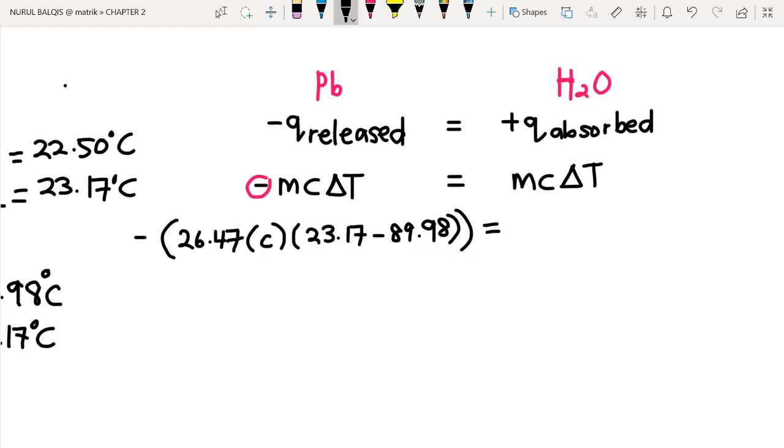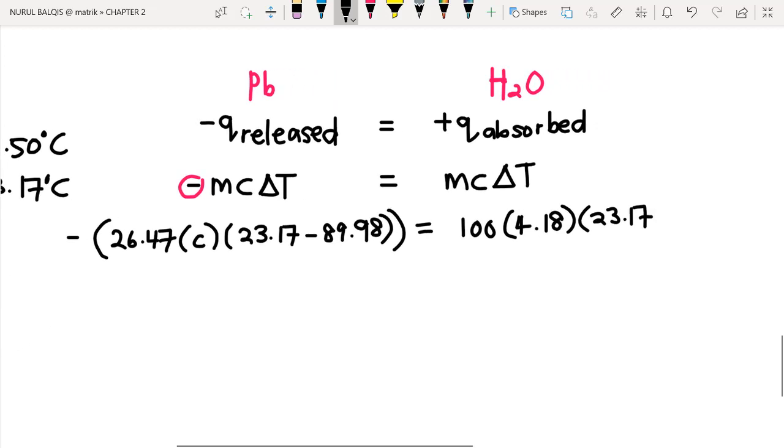Our mass of water is 100 gram. The specific heat capacity is 4.18, followed by the final temperature of 23.17 minus the initial temperature of 22.50.